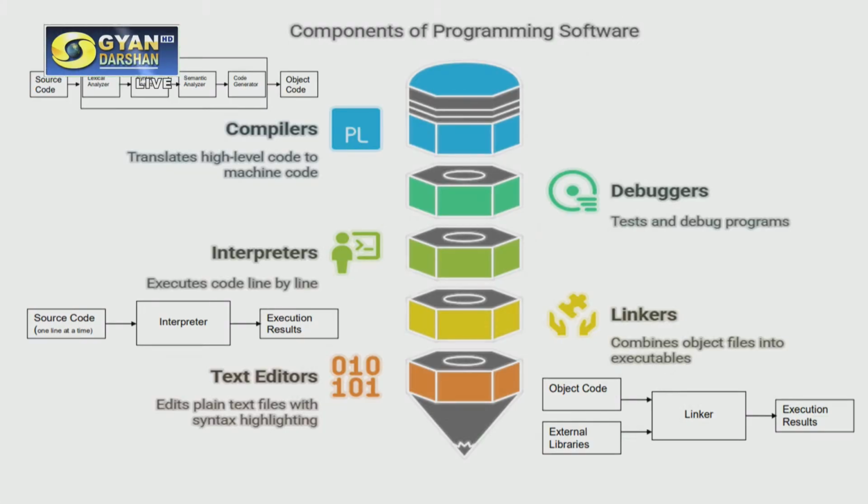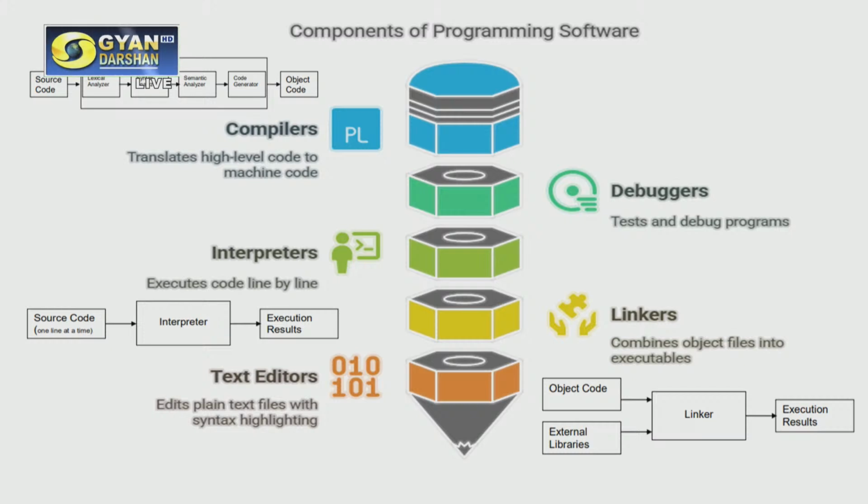Apart from this, linkers are the tools which connect the object code and the external libraries, and based on the linking of the external libraries with the object code, the executable files are generated. So linkers also perform a job, facilitating the programmer to generate the final executable file.